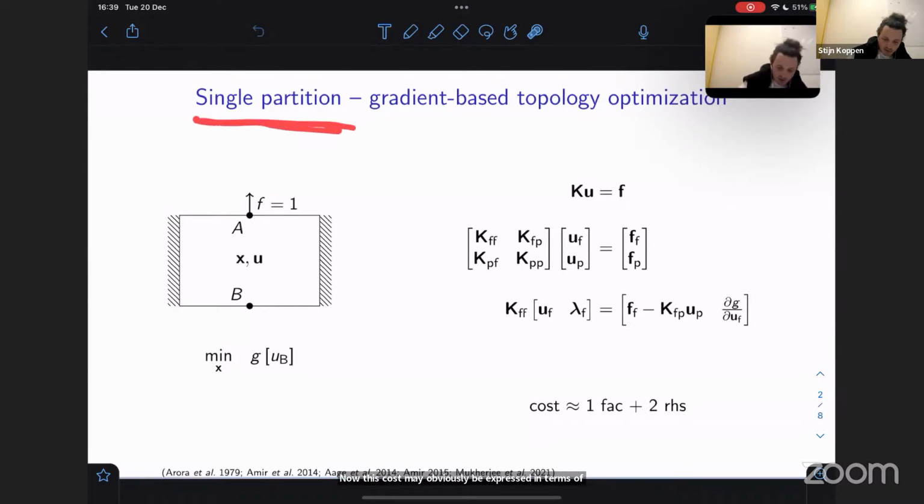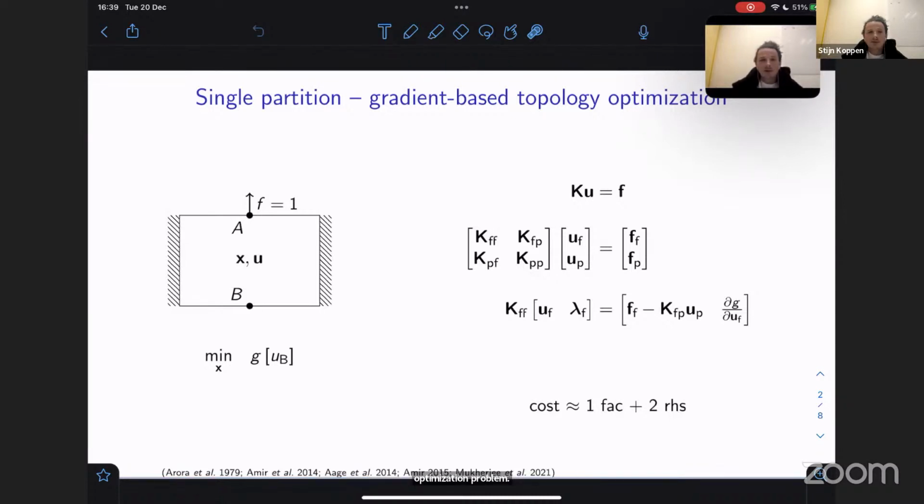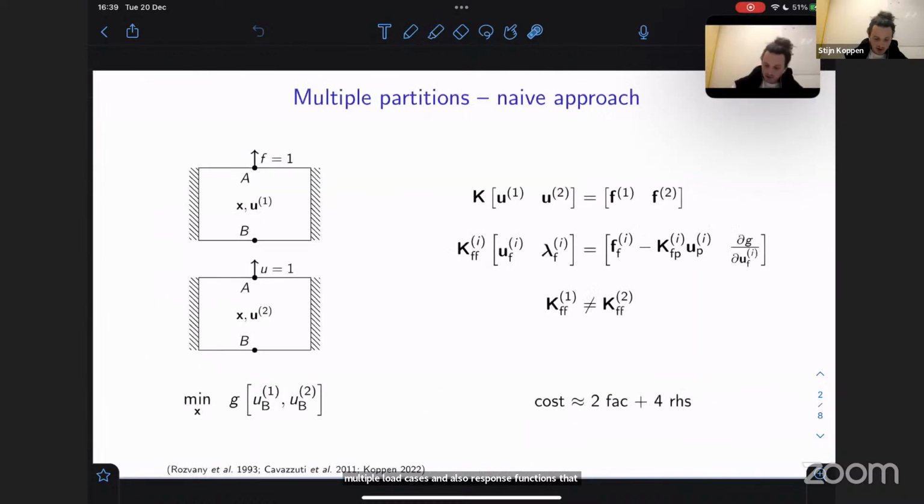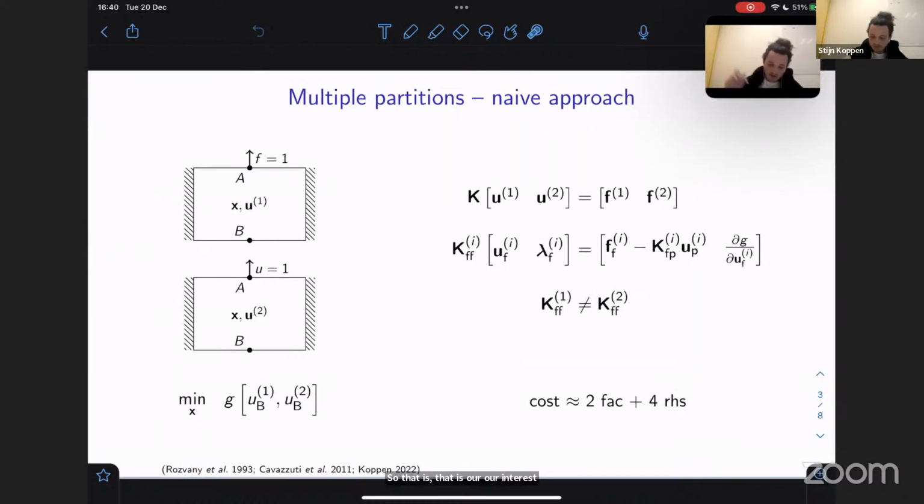Now, it should be mentioned, this is a single partition optimization problem, but in many real-world problems, we're dealing with multiple load cases and also response functions that depend on the state of multiple load cases. So that is our interest. And we're first going to show the computational cost associated if we just use, let's say, a naive approach. And we have the first load case that is the same as previously shown.